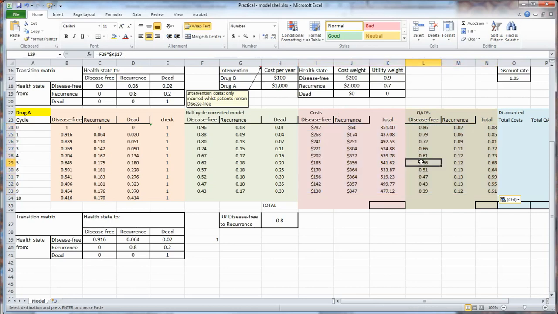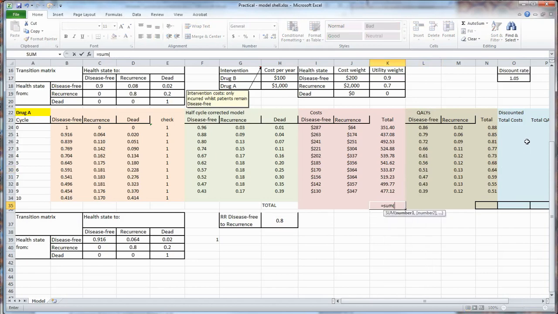So just to give a check, we're multiplying the proportion of disease-free by the utility weight for disease-free for patients receiving drug A. So it's exactly the same model, just different inputs in terms of the transition matrix.